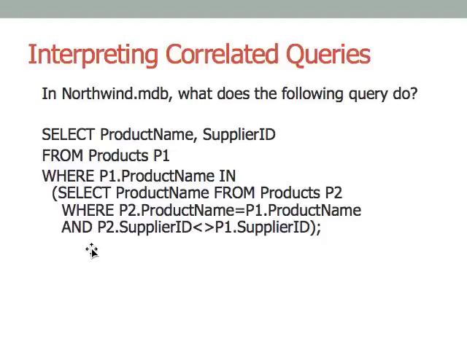So essentially we are finding a list of products which have more than one supplier, because we are matching the products but finding where suppliers don't match. And that is a correlated query, and we can see that because in the inner query we are referencing the outer query. So for example, P1.productName is a value that's available from the outer query, and the same goes for P1.supplierID.